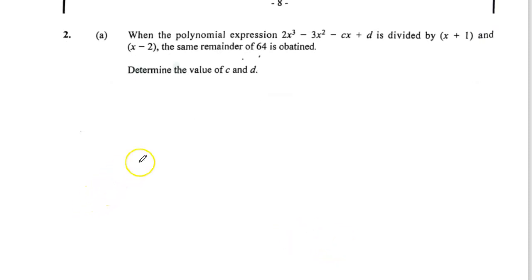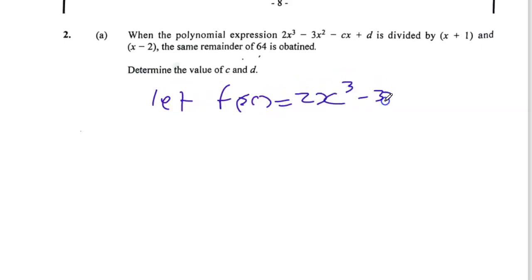The polynomial f(x), so we're going to let f of x be equal to 2x cubed minus 3x squared minus cx plus d. And we are told that when it's divided by x plus 1 and x minus 2, we get the remainder of 64.